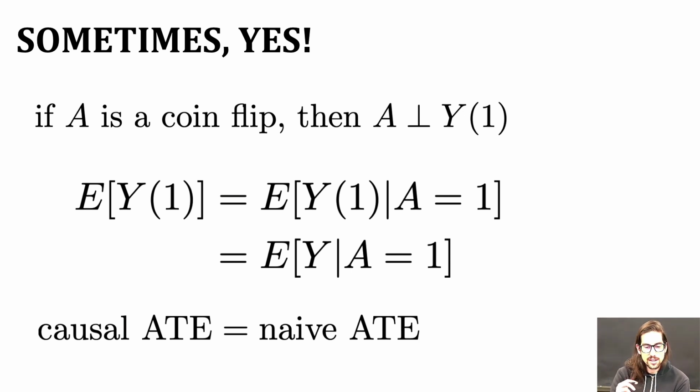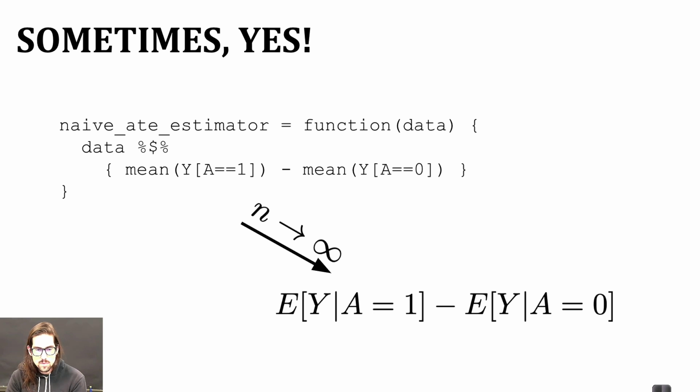But what I've shown is that in this special case, where A is randomized, we can actually use it, in the sense that it's the same thing. And that means that if we have a finite data set, we can just use this naive ATE estimator. As we have more and more data, we'll get closer and closer to the right answer because this thing is asymptotically normal, centered at the true mean.